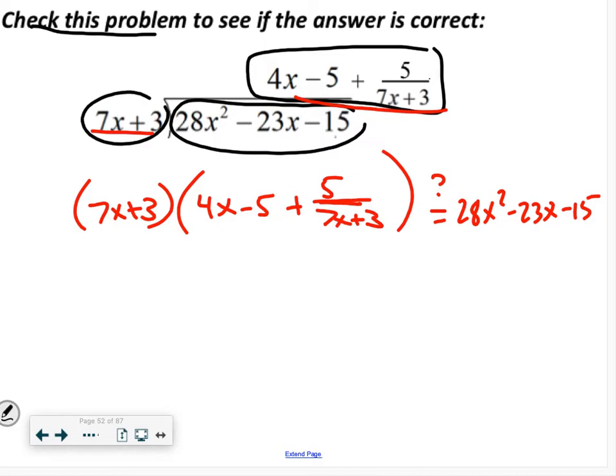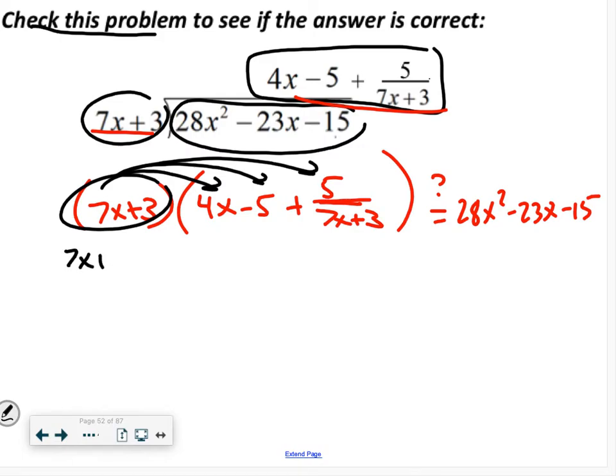And you could use a box method to multiply, but I'm just going to use the distributive property. So distribute the whole thing. That makes it easier.